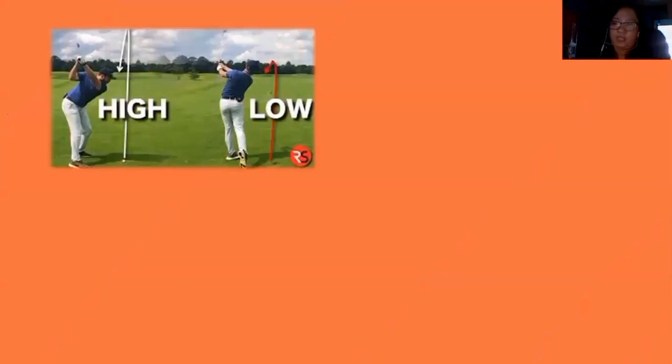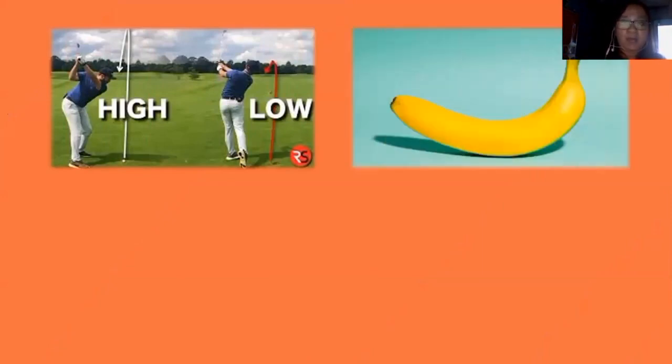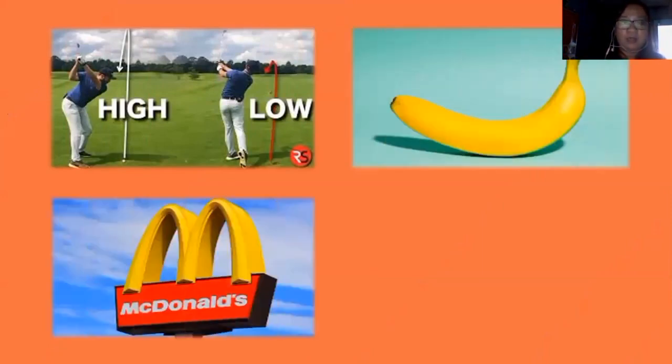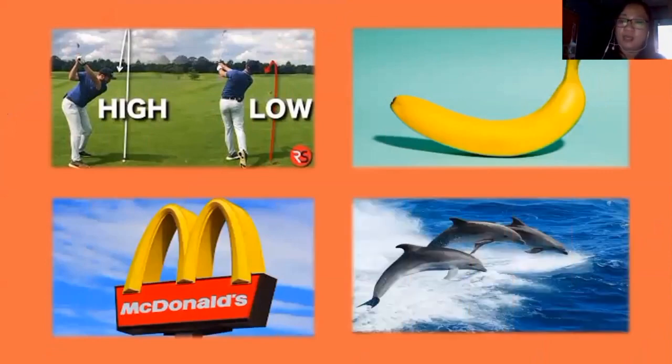So we have here this picture. If you will describe this, we have a man playing golf, a banana, the McDonald's logo, and 3 dolphins.